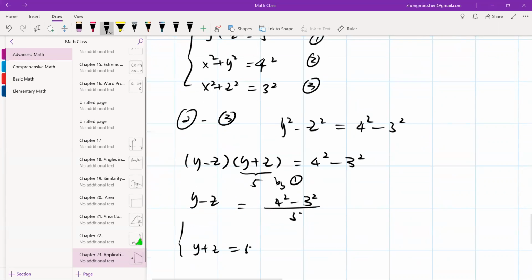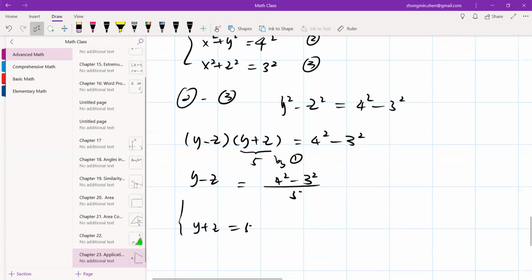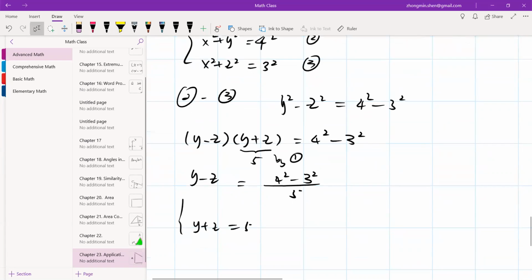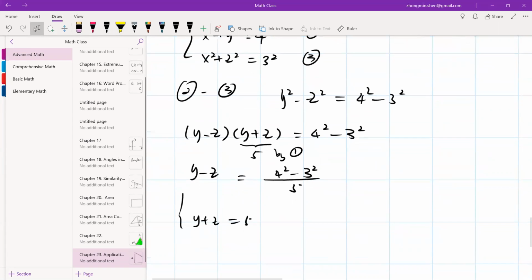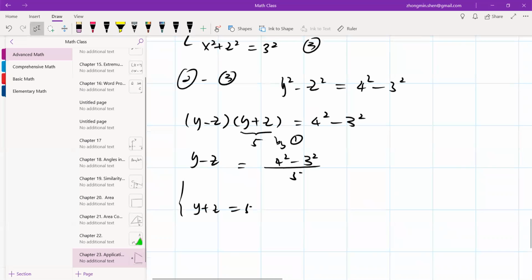So now you have those 2 equations. Then you find the y and find the z. Then you can get x. So you have to find the y and the z first. It's more complicated, but that's the way you can do it without using the area. So you add them together. 2y equals 4 squared minus 3 squared over 5 plus 5.